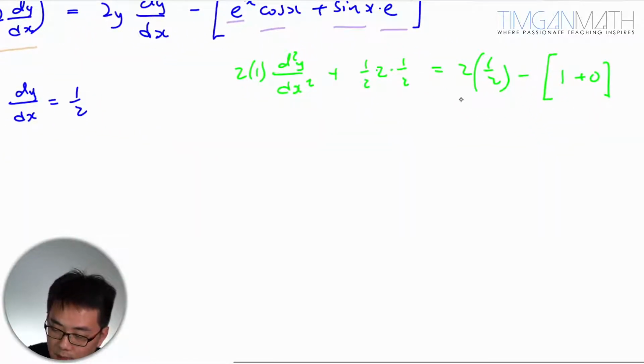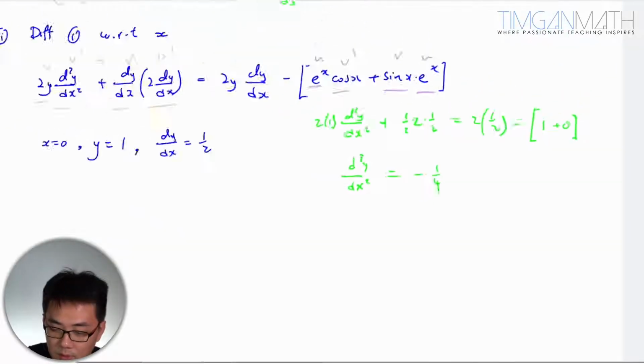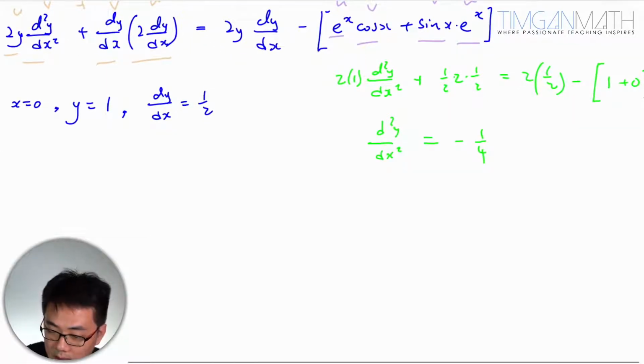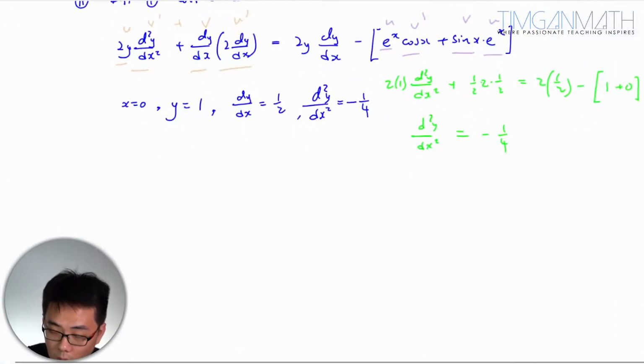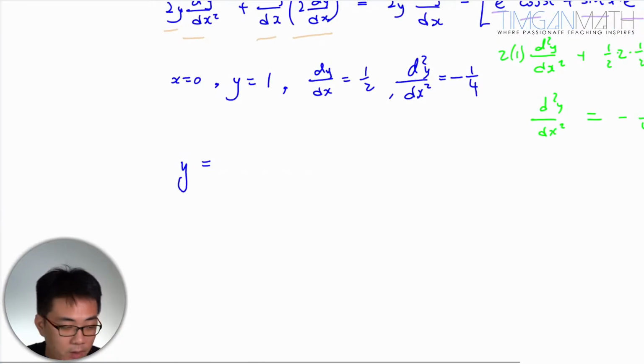Okay, so this part will be 0, then d squared y/dx squared would just be 0 minus half, negative 1/4. So in this case, d squared y/dx squared is just minus 1/4. Okay, so in this case, the Maclaurin series of y will be, just bring out the Maclaurin series here.